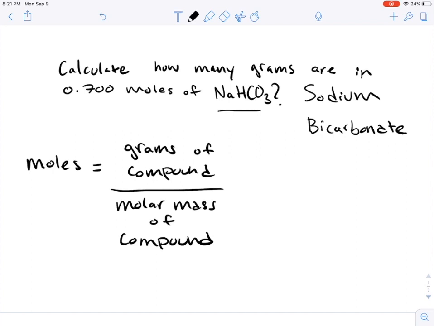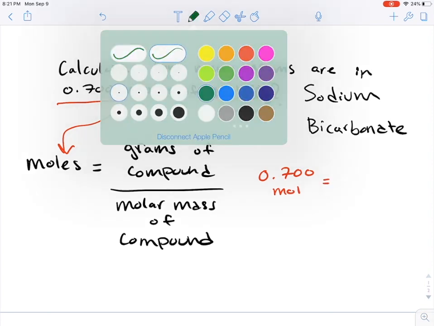So according to this problem, we know that we have 0.70 moles of NaHCO3. So we can directly go ahead and plug that into this part of the equation over here. What we are looking for is the grams of compound.